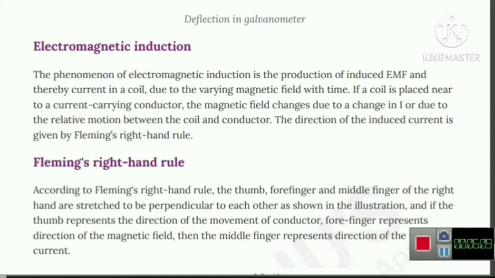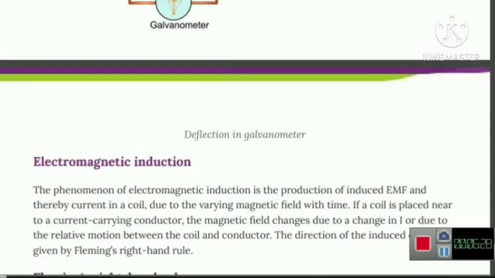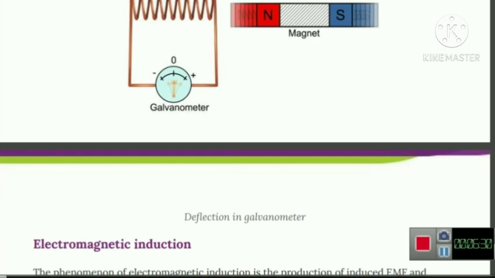He made an important discovery of how a moving magnet can be used as an electric generator, so it can be used to generate electric current. To observe this effect, here we have seen the activity of deflection in a galvanometer.